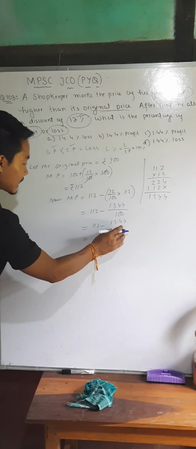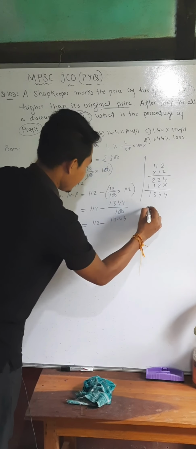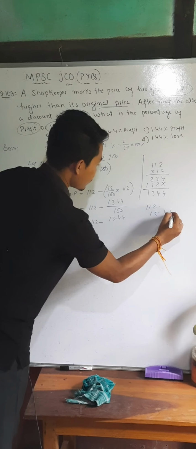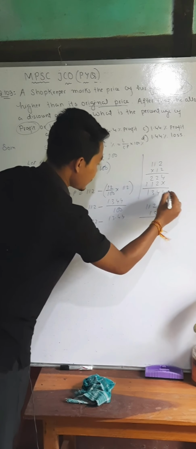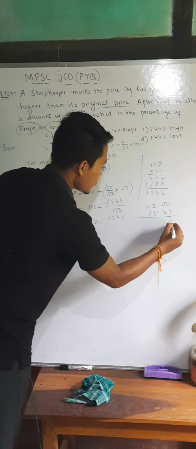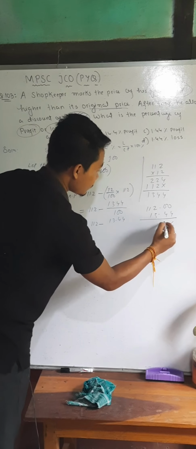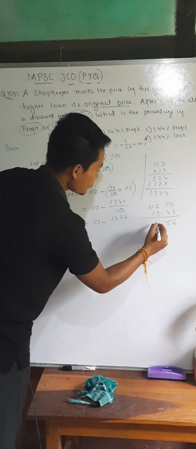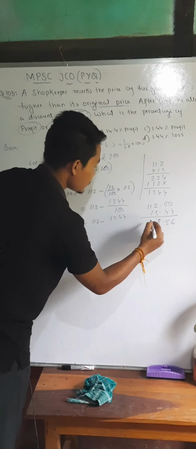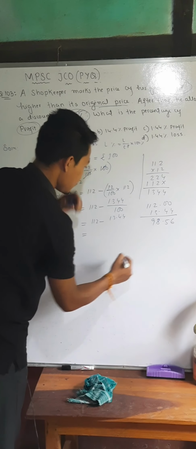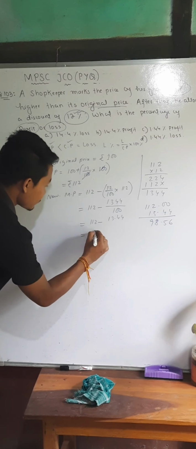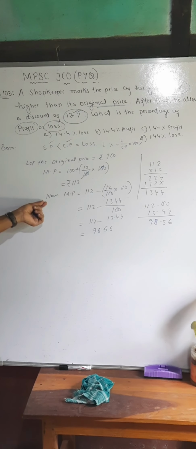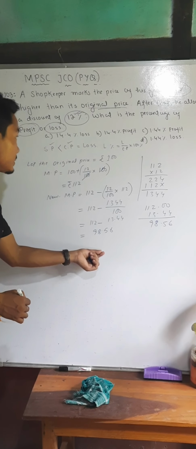We need to subtract 13.44 from 112, which gives us 98.56. 98.56 is the new mark price.